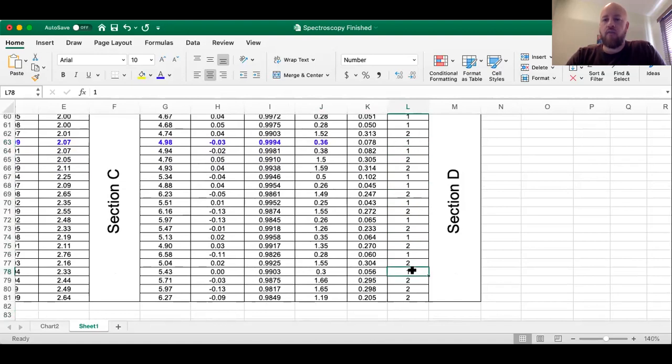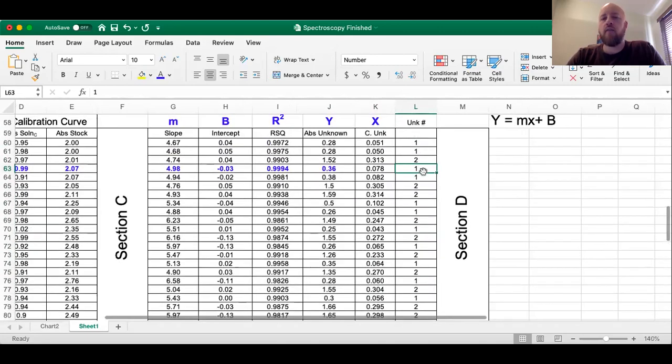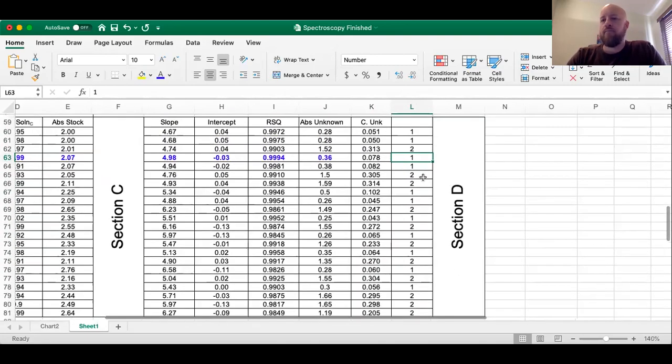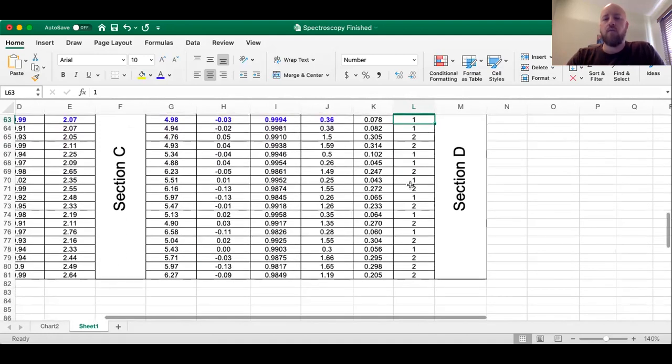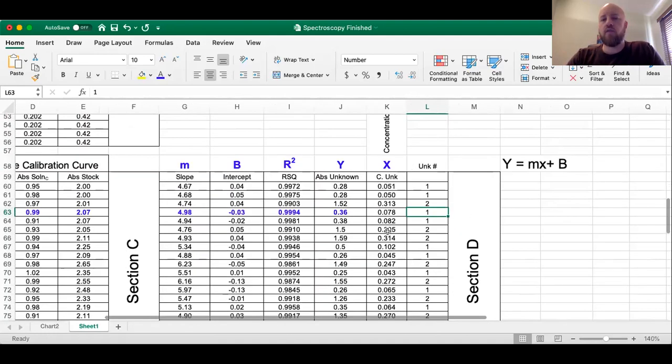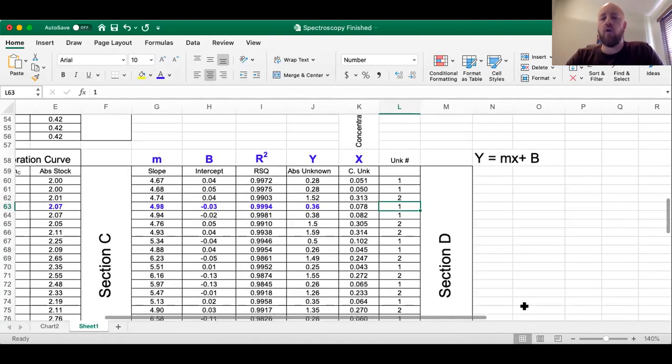You have trials 1 through 11, roughly 11 replicates, which is a good way to do your data: you collect a lot of data, so you have some statistical confidence in your results. The only thing you may have to do is to tell me what unknown 1 and 2 are. So that is your goal.